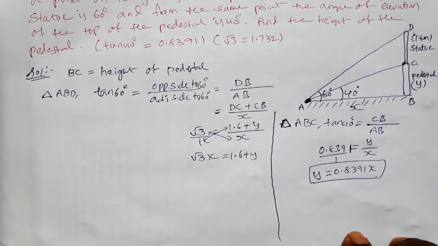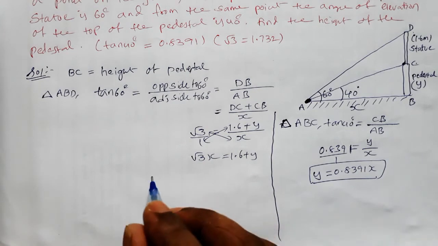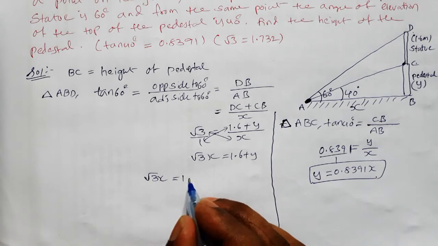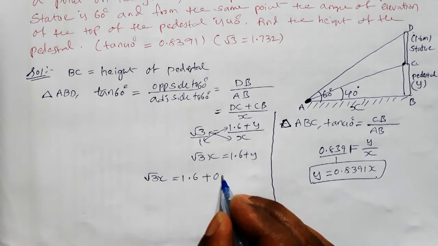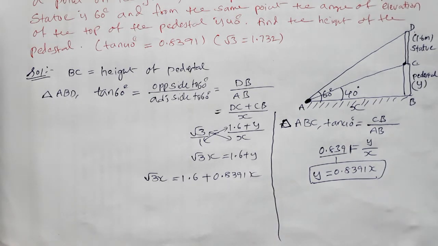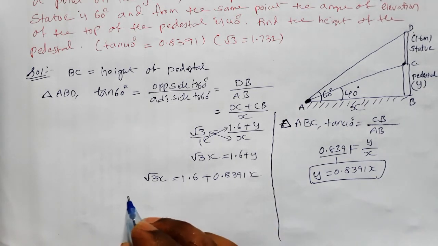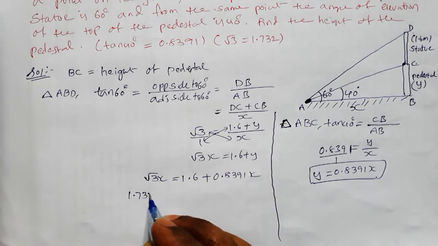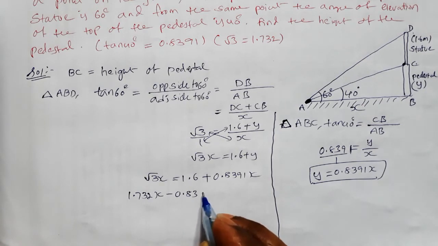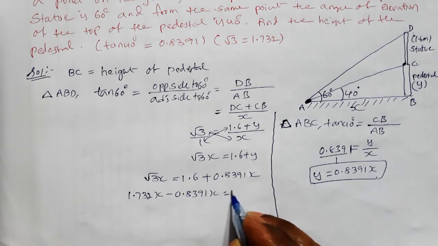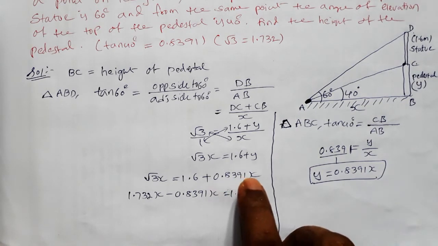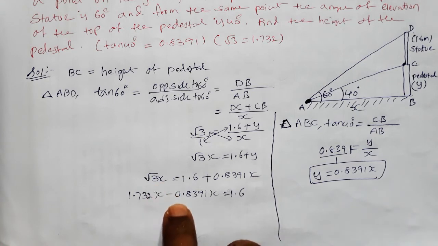What we will get, we will see. That is root 3x equals 1.6 plus 0.8391x. Then root 3 is 1.732, so 1.732x minus 0.8391x equals 1.6. Here 0.8391x I am taking to the left hand side, so it becomes minus.